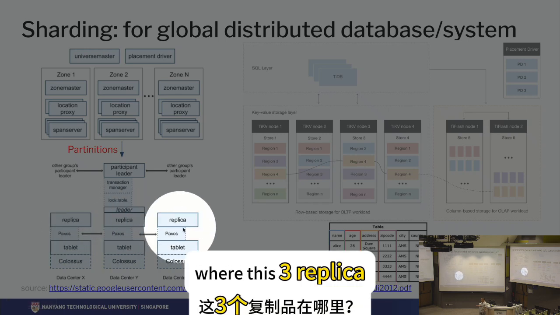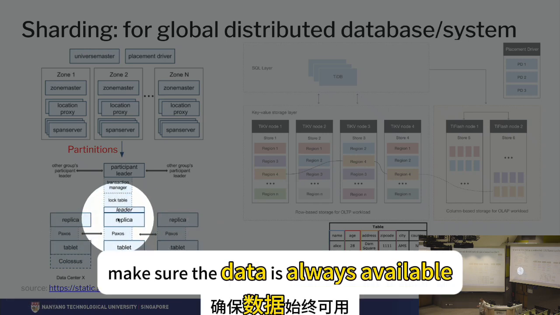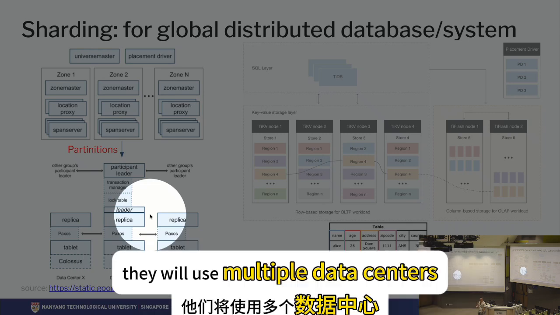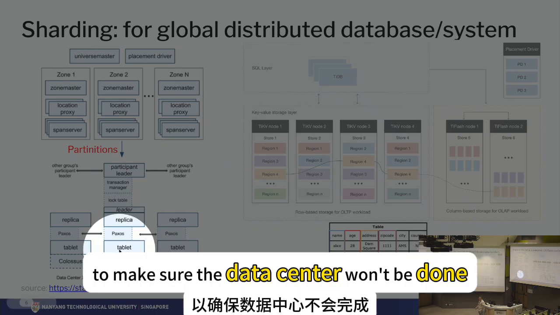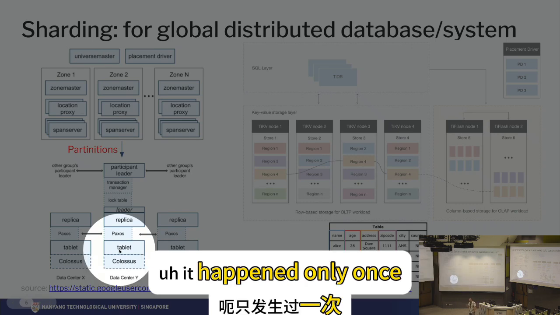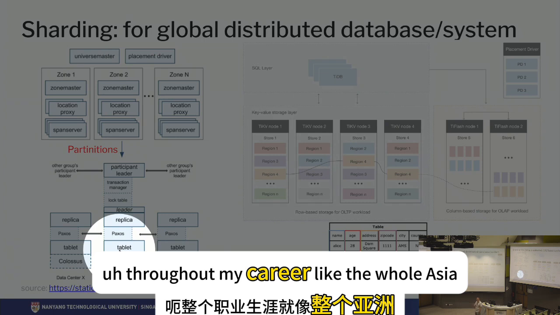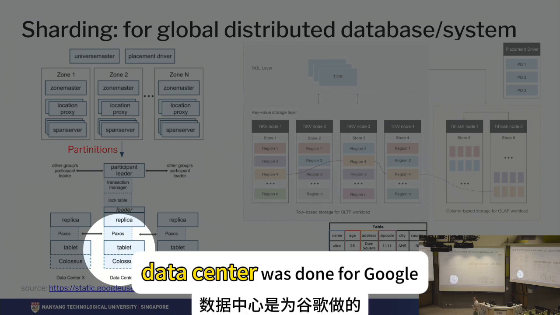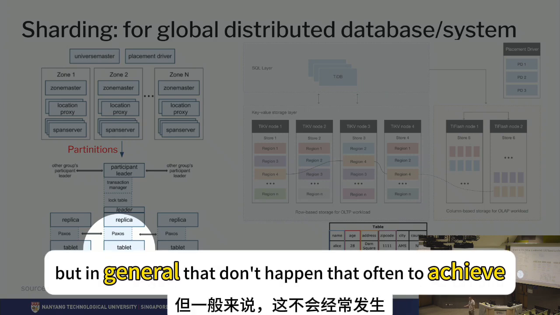These 3 replicas make sure the data is always available, because the chance of all 3 replicas being down is very minimal, since they use multiple data centers, as you can see here, to make sure the data center won't be down. It happened only once throughout my career, that the whole Asia data center was down for Google. But in general, that doesn't happen that often.